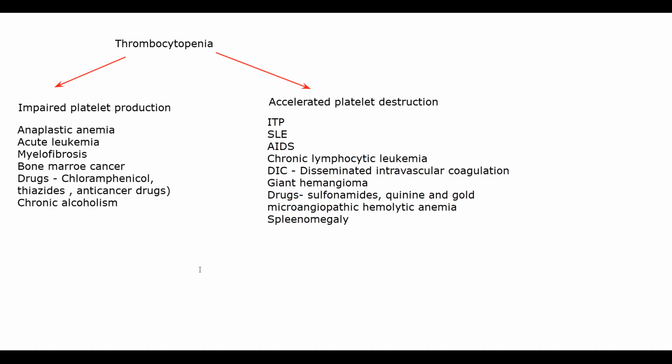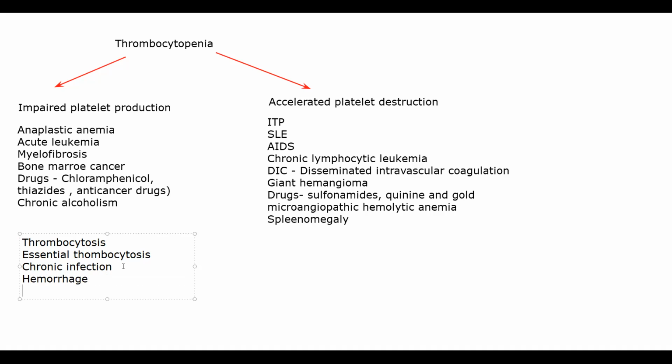So these are the conditions that are decreasing the platelets. Now there are a few conditions that cause thrombocytosis, an increase in platelets. It can be essential thrombocytosis, or an infection, specifically chronic infections, or hemorrhage.